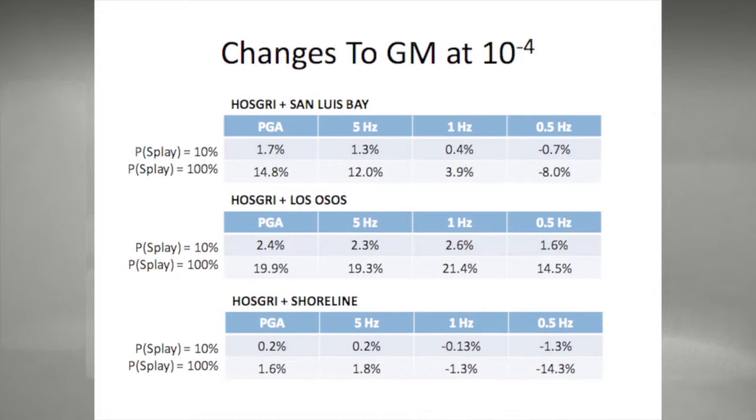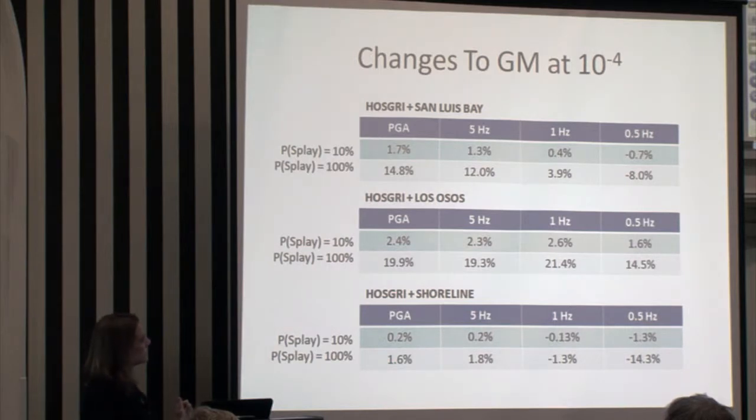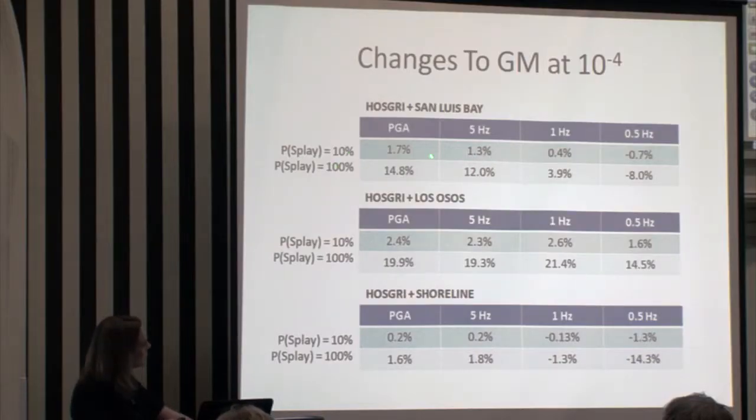So this represents a change in hazard based on which method you choose to combine your GMPEs. And so, using my very uninformed probability of the Splay fault rupture, this is assuming that 10% of the time a Splay fault occurs. And so this would be the change in hazard that you would get between the two methods. Change in ground motion.